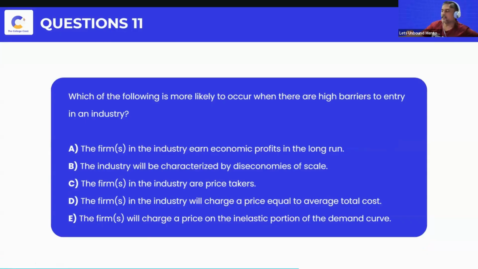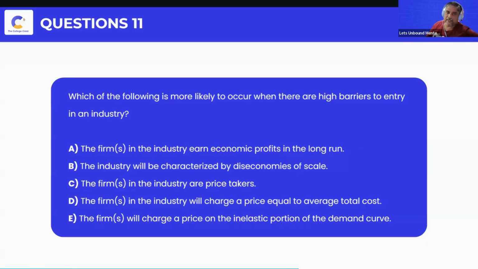Which of the following is more likely to occur when there are high barriers to entry in an industry? Okay, so when there are high barriers to entry, the option says the firms in the industry earn economic profits in the long run. In fact, that is actually the right answer, that high barriers will lead to profits in the long run.